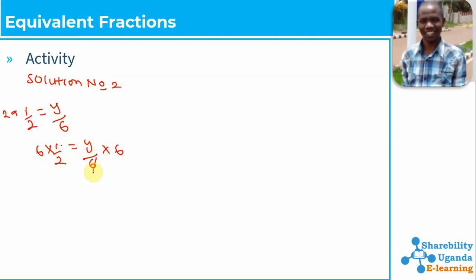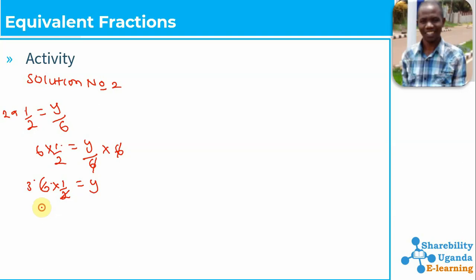We see our y is equal to what? Here we shall be able to cancel them, and now we have 6 times 1 out of 2 is equal to y. Then when we divide, this is the same as 6 out of 2, or we can say by 2, 2 divided by 2 is 1, then 6 divided by 2 gives us 3.